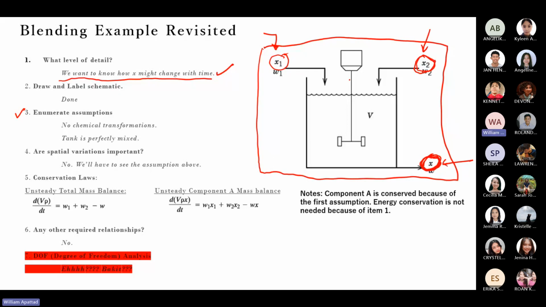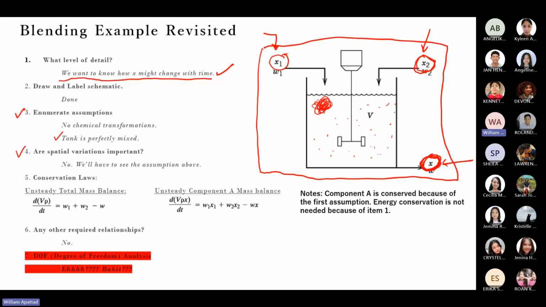Kung hindi siya perfectly mixed kasi, marami dito ang concentration pero sa kabila ay kakaunti lang. So, it becomes a gradient. So, you need to assume something that can simplify or make sense. Tapos, tatanungin mong sarili mo kung may gradient pa siya. Wala naman since sinabi mo tank is perfectly mixed.